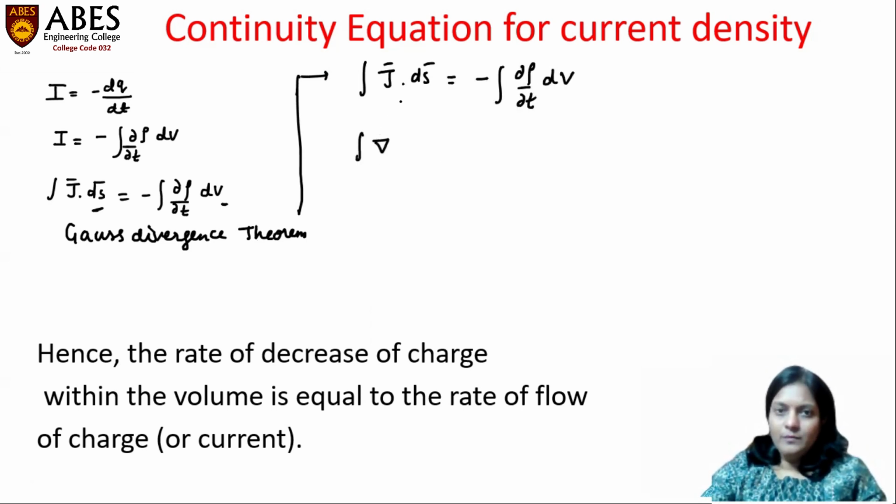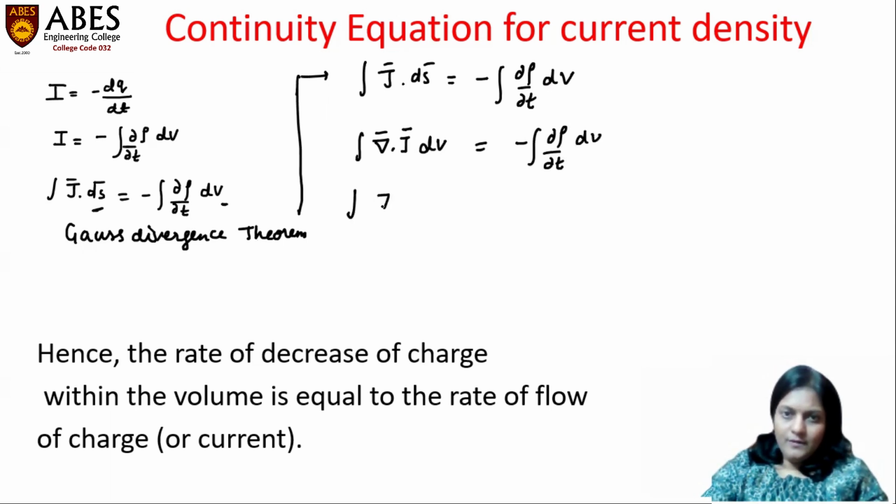So this ds will be converted into dV by taking the divergence of J, minus del rho by del t dV. And it is del dot J plus del rho by del t, dV is equal to 0.